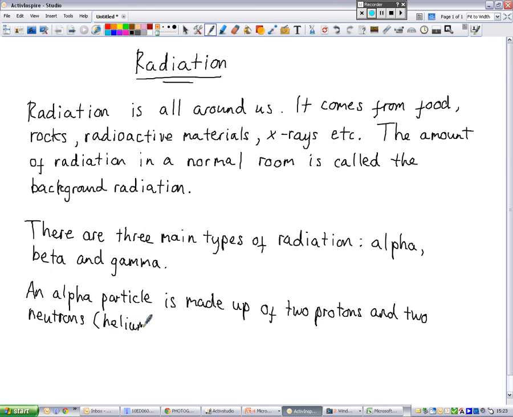So basically the middle of a helium atom. And that's where most of the mass in an atom is, in the nucleus. So the alpha particle is very, very big.